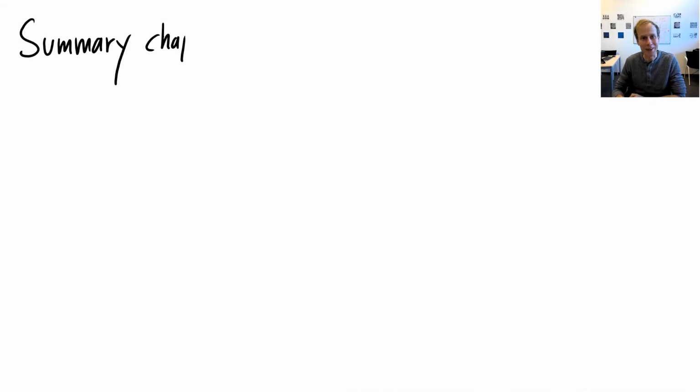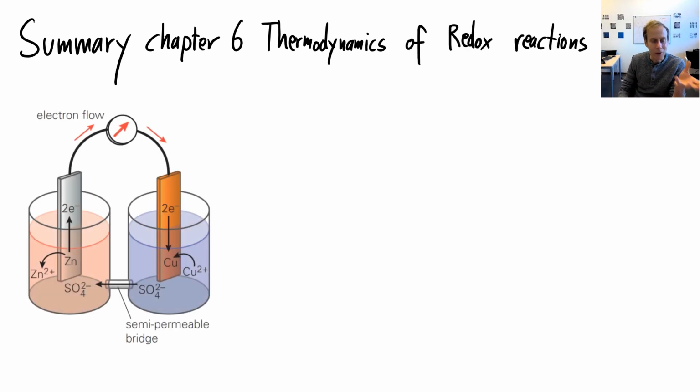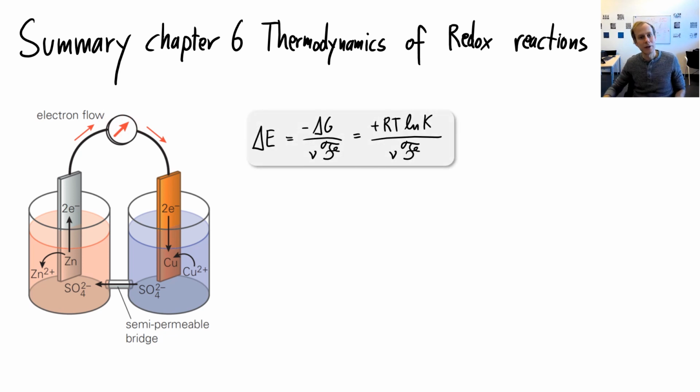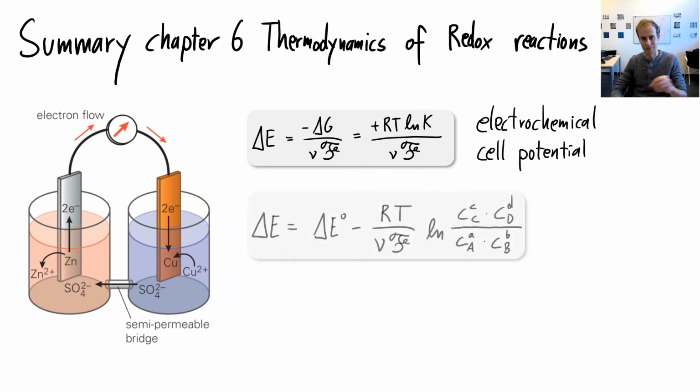In summary of chapter 6, the thermodynamics of redox reactions, we've learned what electrochemical cells are and how they allow the measurement of the cell potentials with voltmeters here. Then we found that the cell potential is related to the free energy change of the redox couple reaction and also to the equilibrium constant, right?